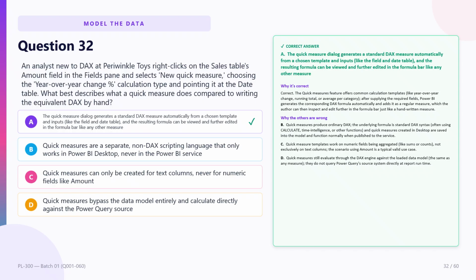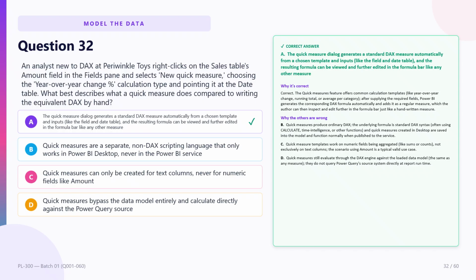Option C. Quick measures can only be created for text columns, never for numeric fields like amount. Option D. Quick measures bypass the data model entirely and calculate directly against the Power Query source. Take a moment and make your choice.